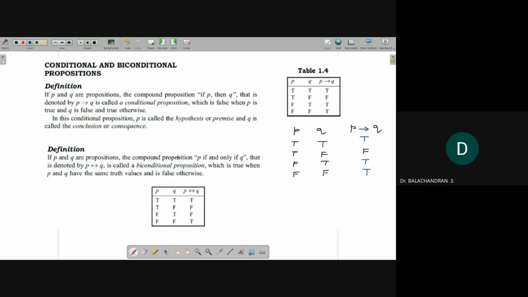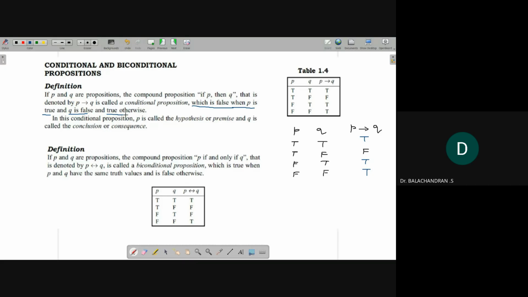Okay, so I will read the definition here. If P and Q are propositions, the compound proposition if P then Q, which we read as P implies Q, is called a conditional proposition. It is false when P is true and Q is false, and true otherwise.